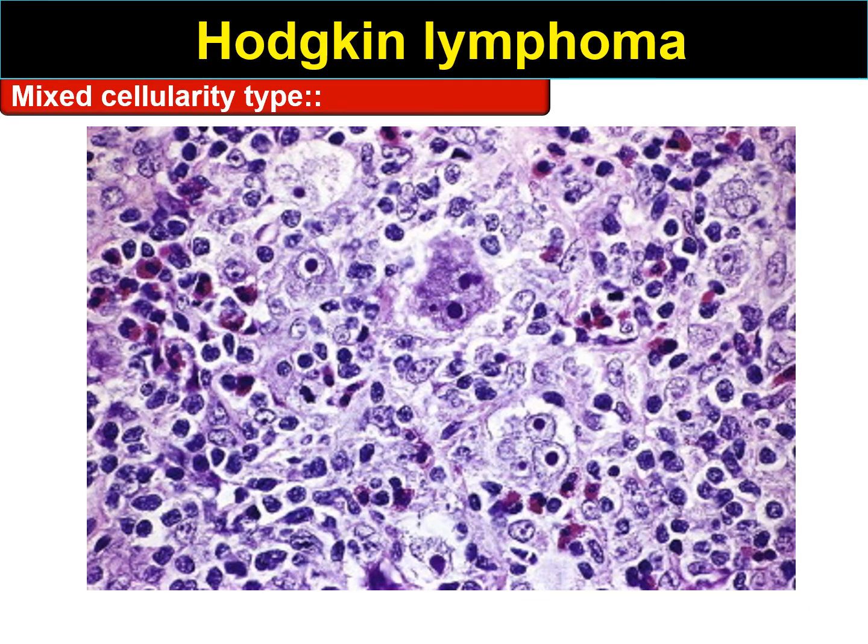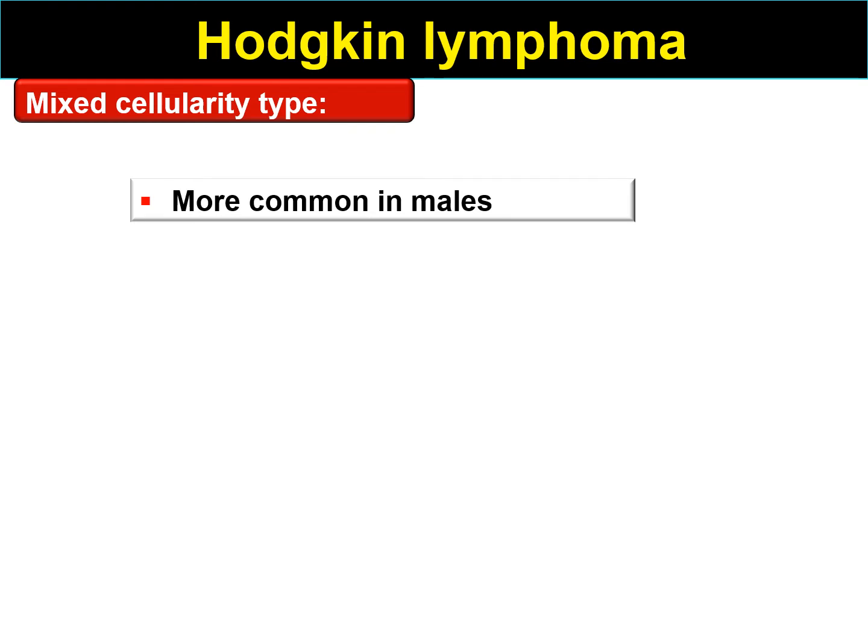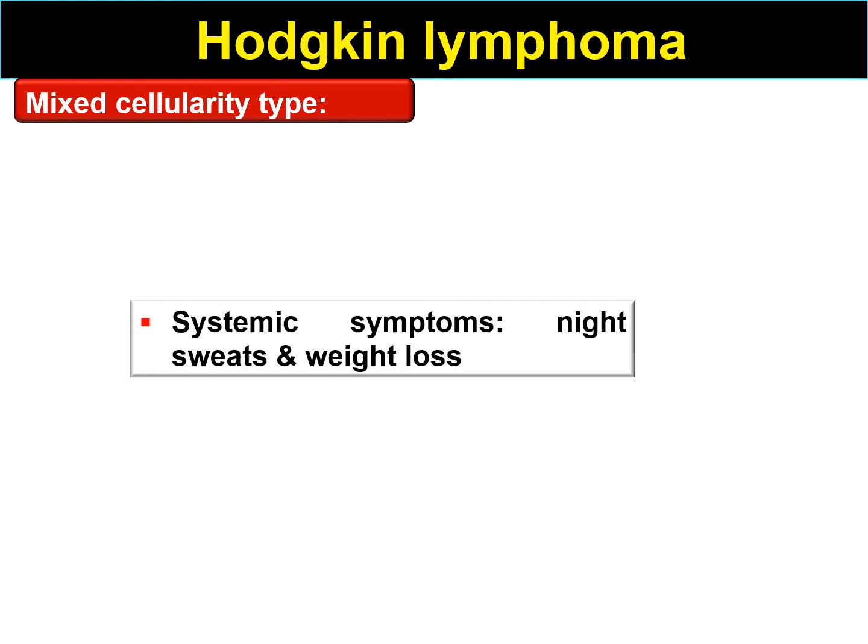This photomicrograph is showing numerous classical Reed-Sternberg cells that are present in the background of a polymorphic lymphoid infiltrate, and this is the mummified Reed-Sternberg cell. This mixed cellularity type of Hodgkin lymphoma is more common in males, and it affects an older age group.